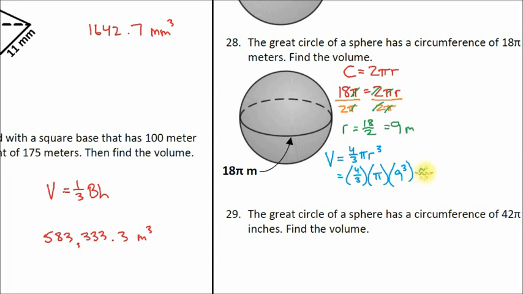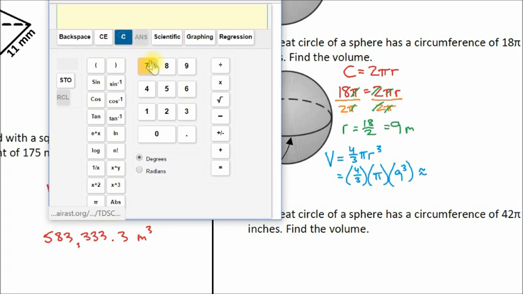And we'll put that in our calculator. I'll do that right now. And you should get 4 divided by 3. I'm going to put the multiplication sign in there just to show you it works both ways. Times pi and times 9 raised to the 3rd power, and press equal.